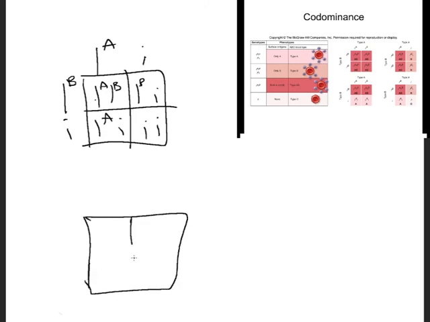Okay, let's do some other scenarios. Let's say one parent is blood type A, the other parent's blood type O. Well, blood type A, which one is it? Homozygous dominant, heterozygous. Let's say in this case, it's homozygous. Okay. So this parent is blood type A, homozygous. This parent's blood type O. I didn't have to say homo or heterozygous because there's only one genotype associated with blood type O. Okay.